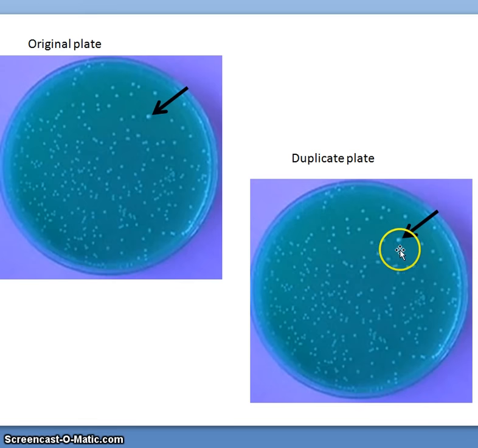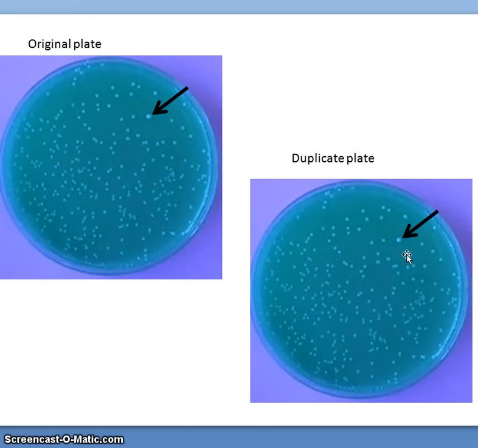But on this particular day, it caused this colony right here to become resistant. So when we take the virus and put it back on the original plate, we might expect that the virus might turn some other colony into a resistant colony. But no, the virus seemed to be unable to destroy the very same colony as was on the duplicate plate.